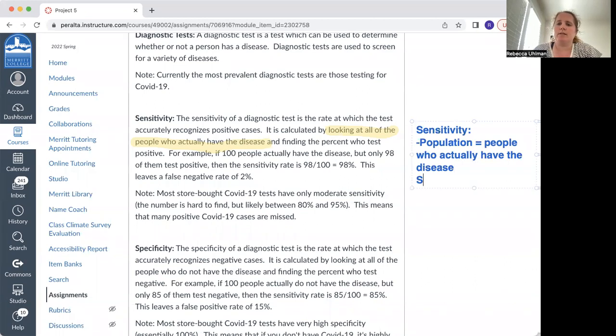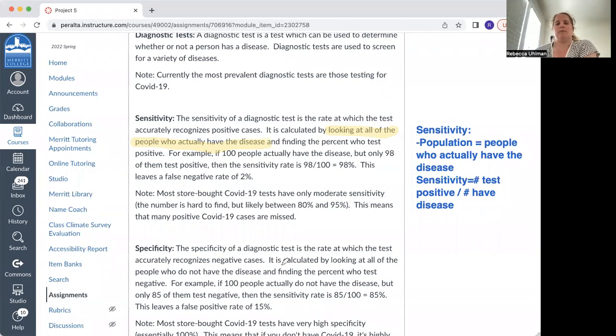And sensitivity is the number who test positive divided by those that actually have the disease. So anytime we're talking about sensitivity, we're only focusing on the people who actually have the disease.